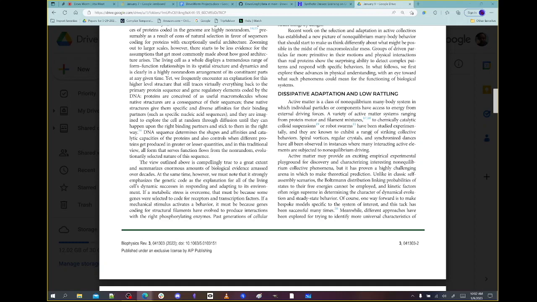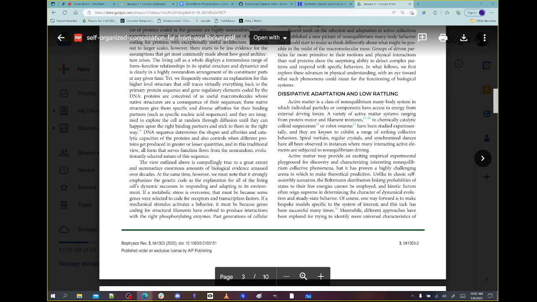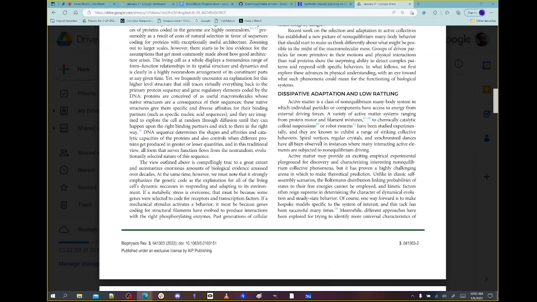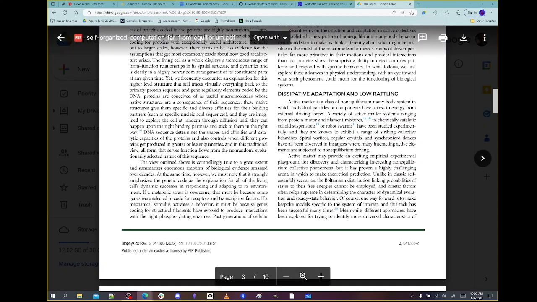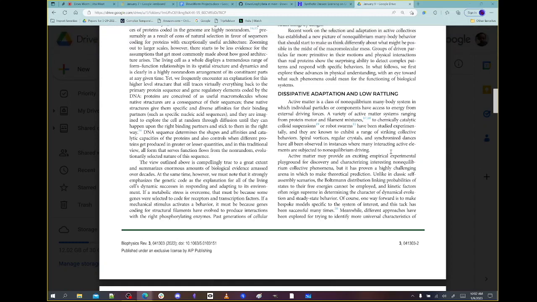And they are known to exhibit a range of striking collective behaviors. Spiral vortices, regular crystals, and synchronized dances have all been observed in instances where many interacting active elements are subjected to non-equilibrium driving. So you have this non-equilibrium energy out in the environment, fluctuating in a non-equilibrium state.